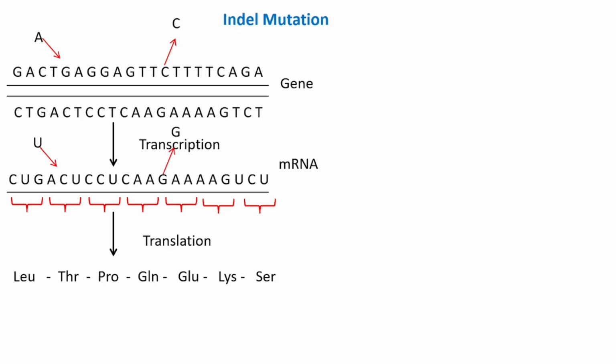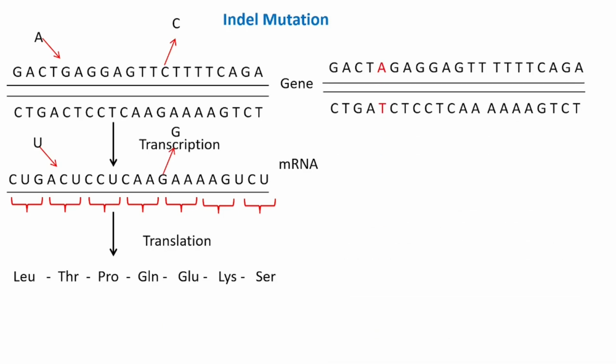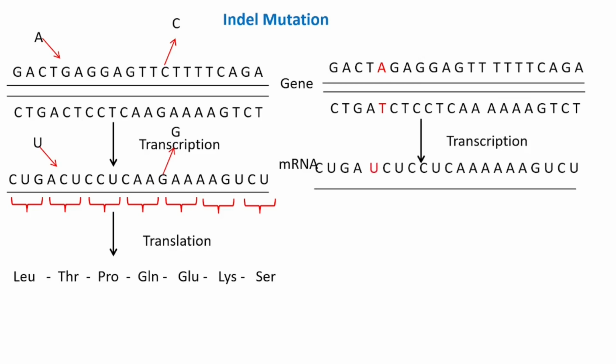The mutated gene will now look like this with one extra base A, which is shown in red, and one base C, which is not seen because it has been deleted. On transcription, the mRNA2 will have one extra base U shown in red and one base G, which is missing because it has been deleted.